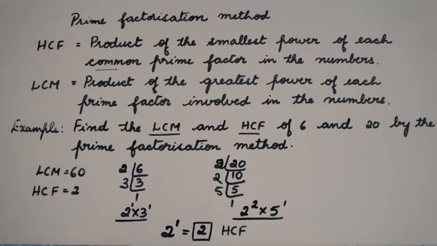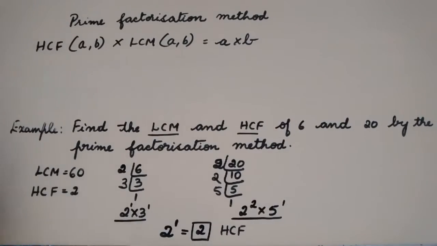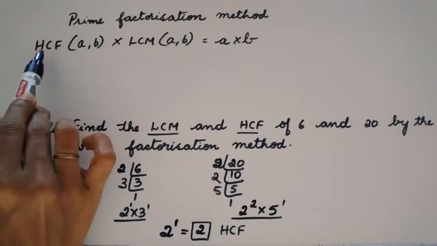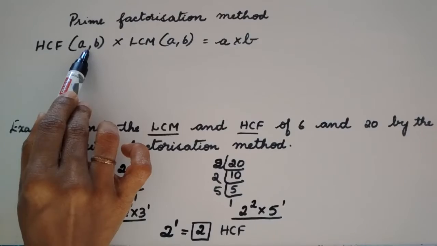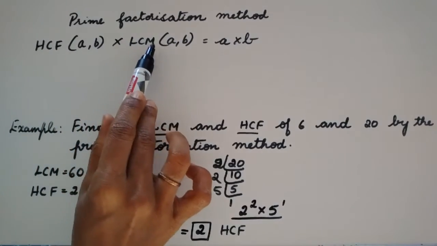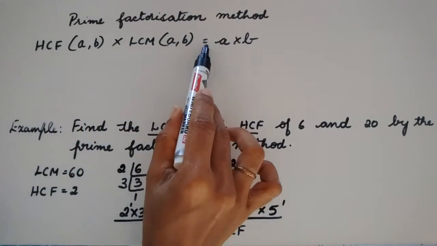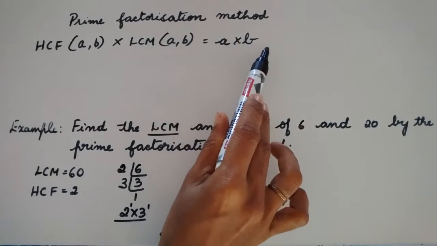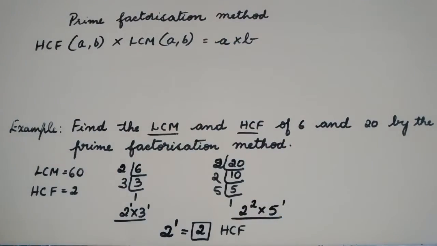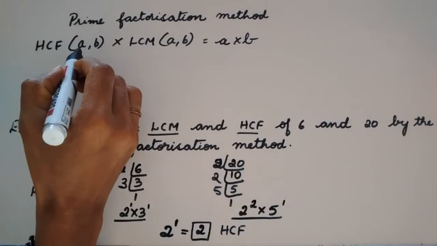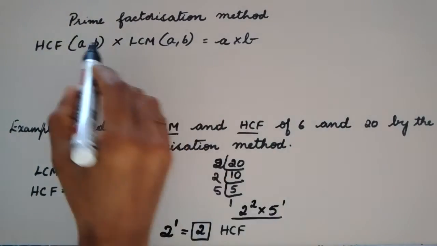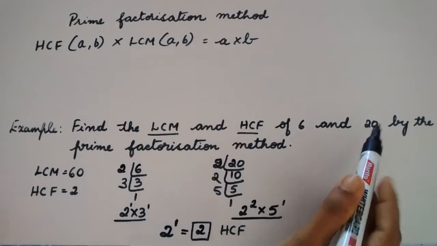Next, you need to note down, students, HCF of A comma B into LCM of A comma B is equal to A into B, where A and B are two positive integers. Okay, so now let us verify this. Let us consider A as 6 and B as 20.